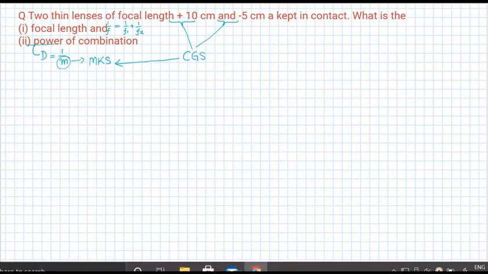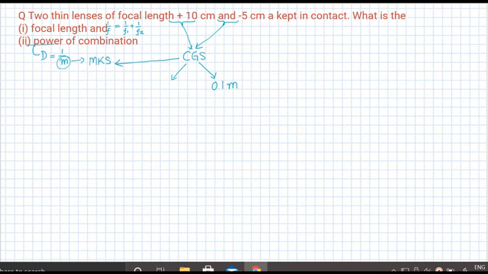Okay. So if you convert your 10 centimeter from CGS to MKS, your 10 centimeter will become how much? It will become 10 divided by 100. It will be 0.1 meter. Fine. And if you convert your minus 5 centimeter to your MKS system, in that case, 5 divided by 100 is how much? 1 by 20. 1 by 20 is how much?